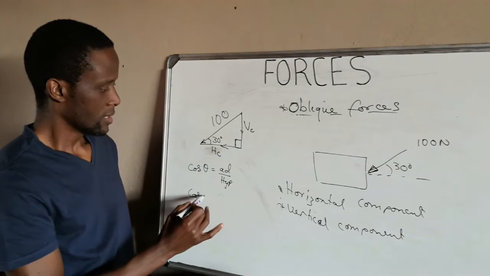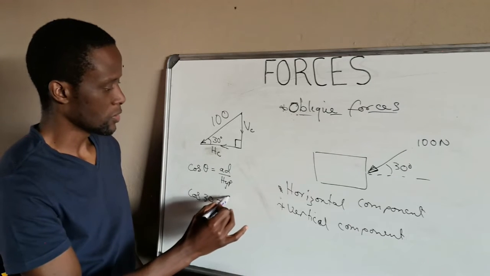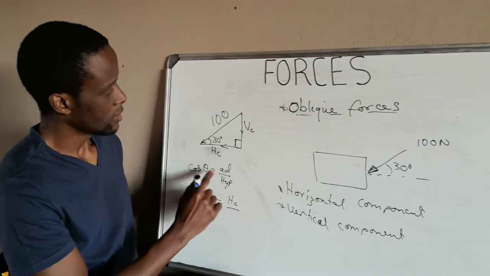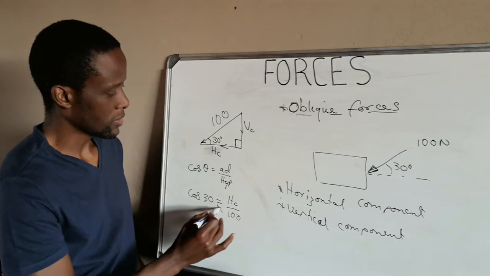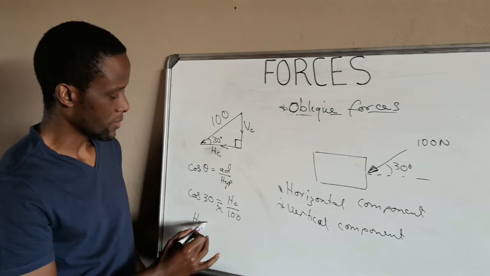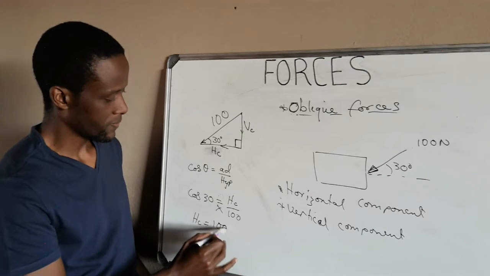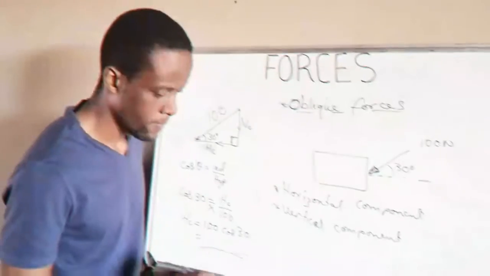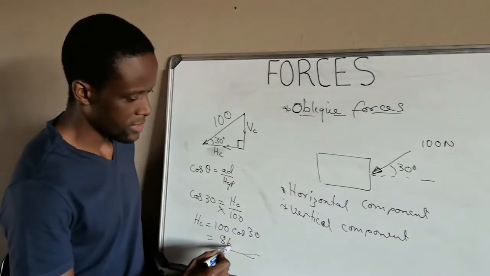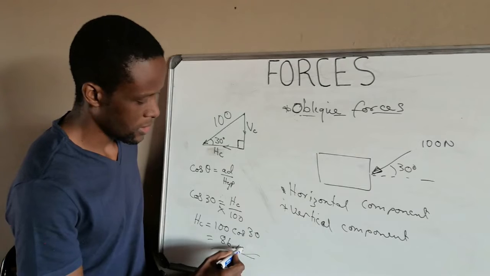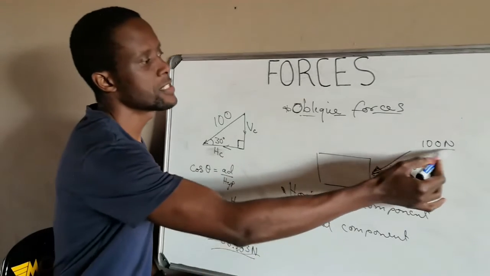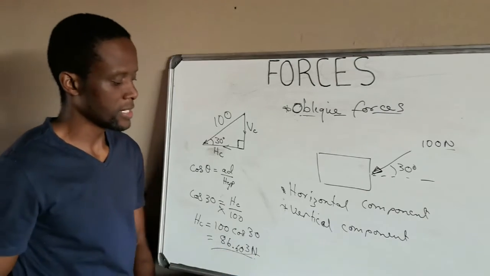So cos 30 equals the horizontal component over the hypotenuse 100. We cross multiply. Horizontal component equals 100 cos 30, which gives us 86.603 newtons. If our question is in newtons, then we resolve it as newtons.